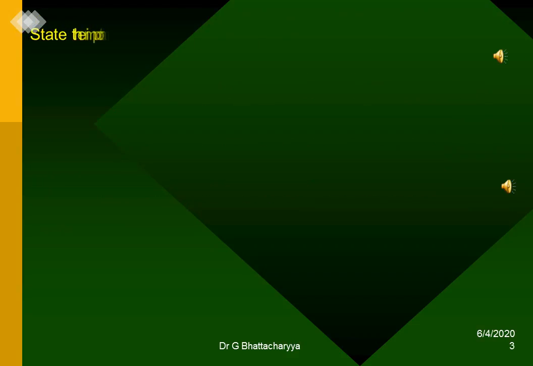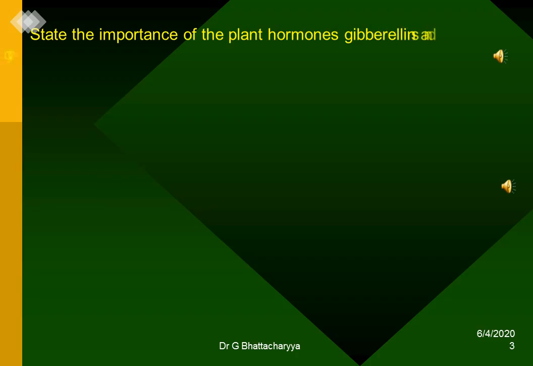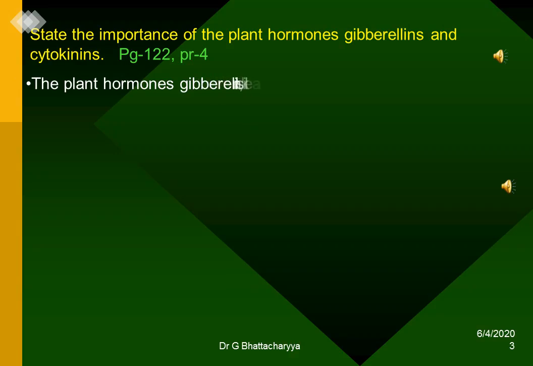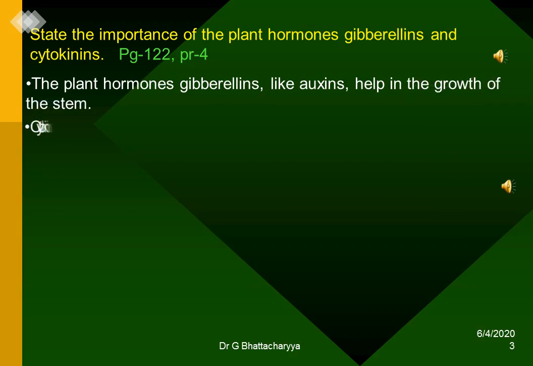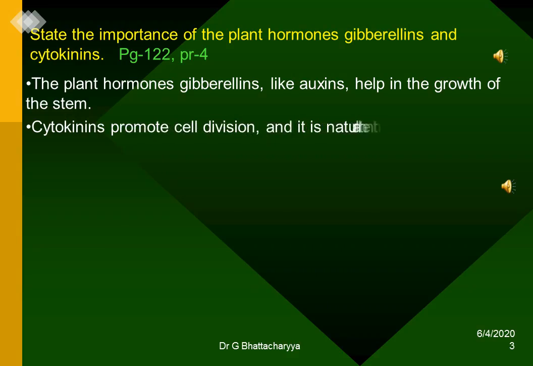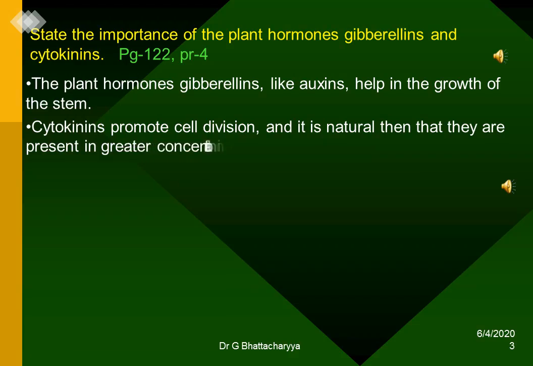State the importance of the plant hormones gibberellins and cytokinins. The plant hormones gibberellins, like auxins, help in the growth of the stem. Cytokinins promote cell division, and it is natural then that they are present in greater concentration in areas of rapid cell division, such as in fruits and seeds.